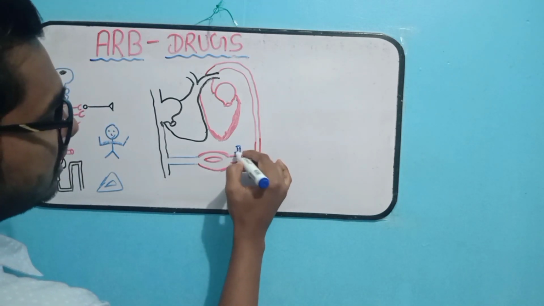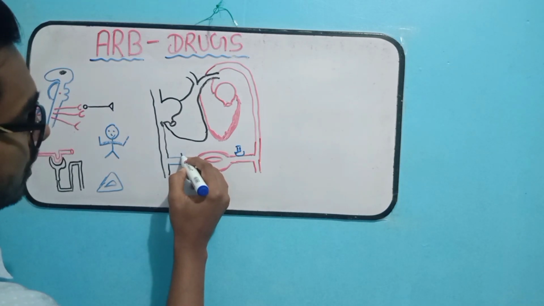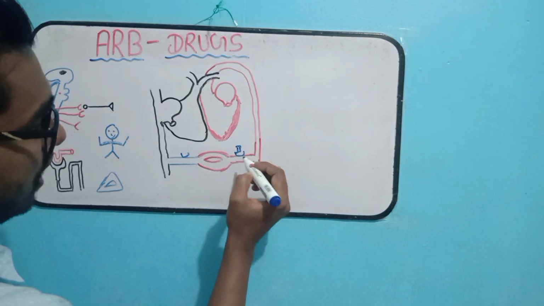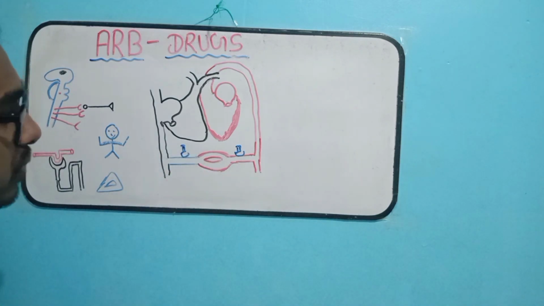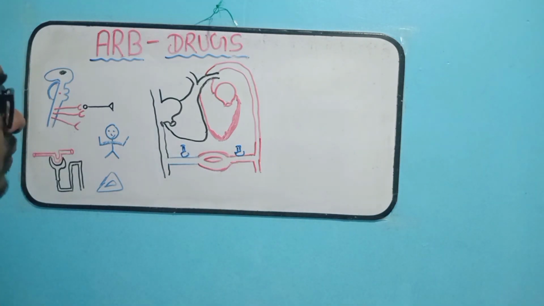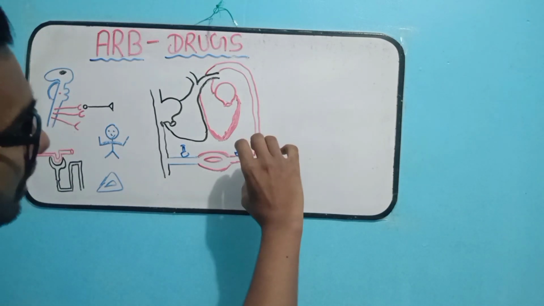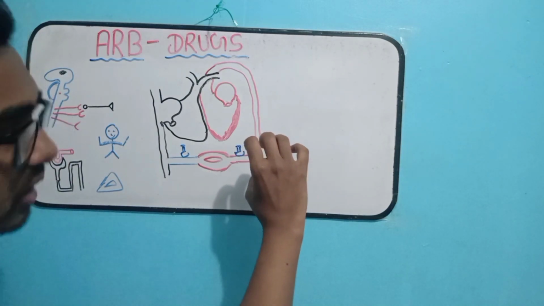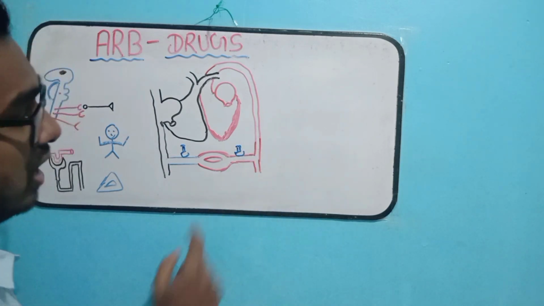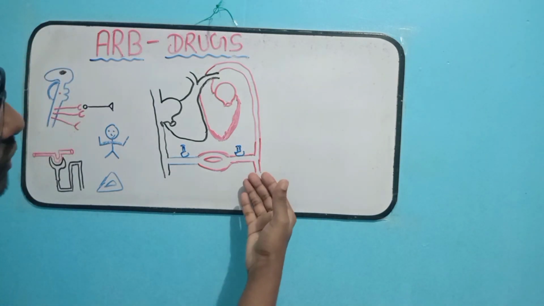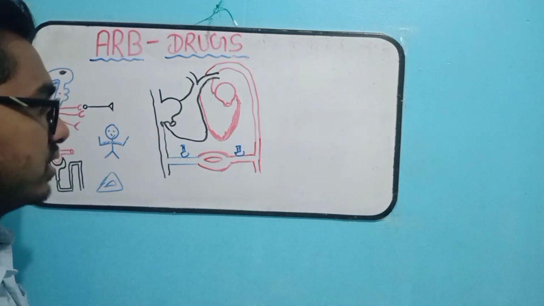Here is the angiotensin 2 receptor, and at the artery side and at the vein side there is also an angiotensin 2 receptor. When this receptor works, the artery and the vein constrict, the diameter of the artery and vein decreases, and that leads to an increase in blood pressure.